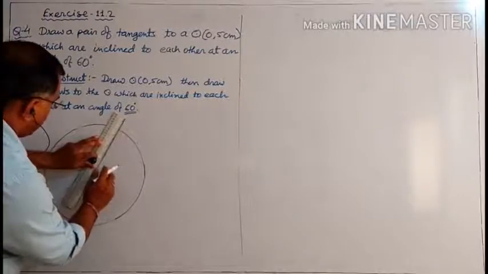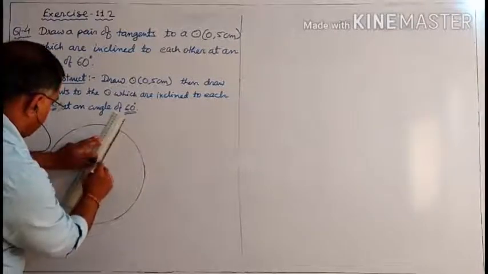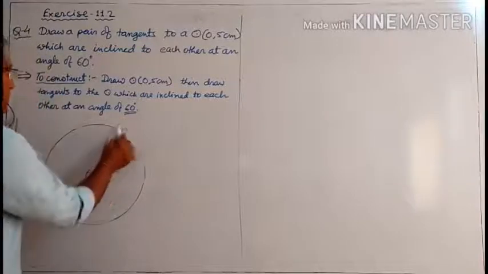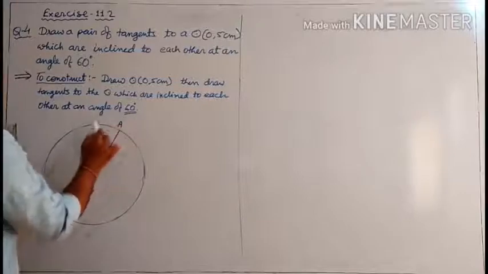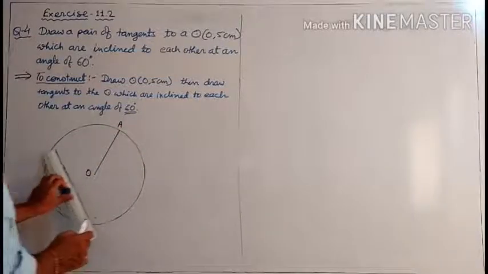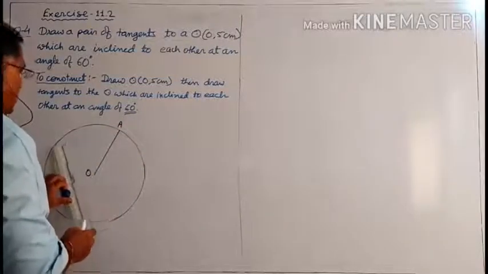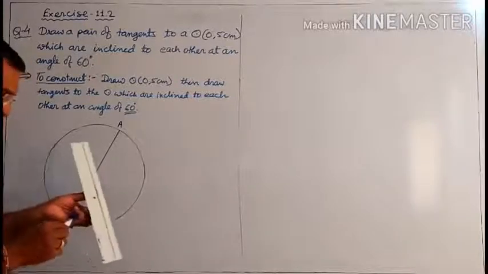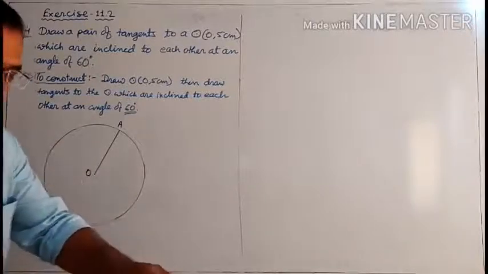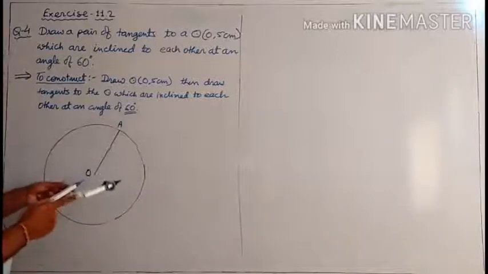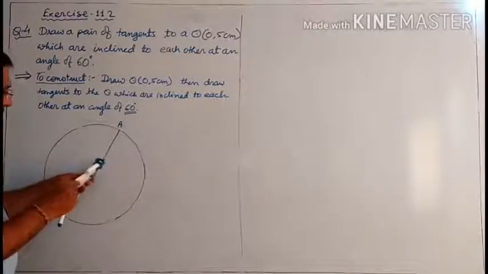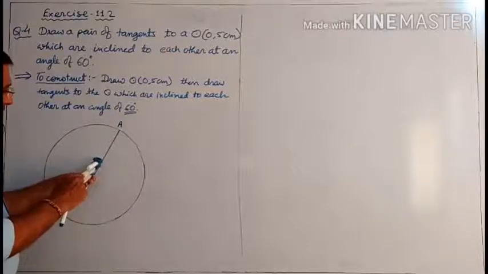So first of all, draw the radius OA, then make 120 degrees and get point B on the circle. So draw 120 degrees at O. To draw 120 degrees, we have to draw an arc.